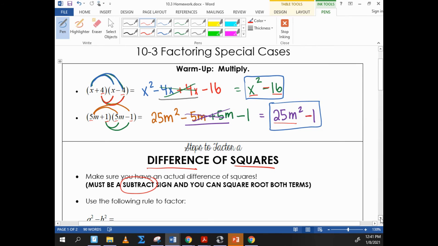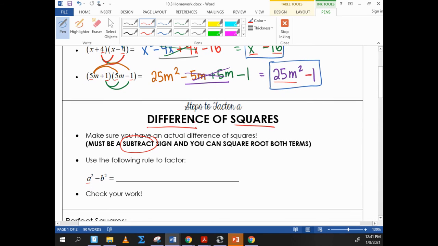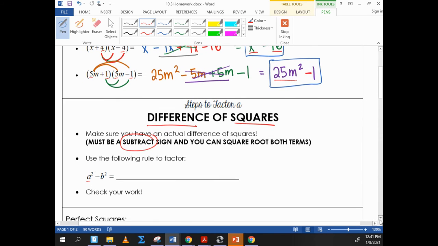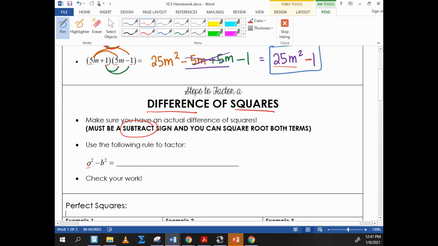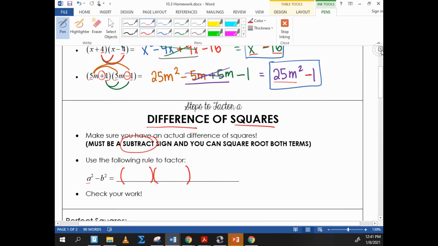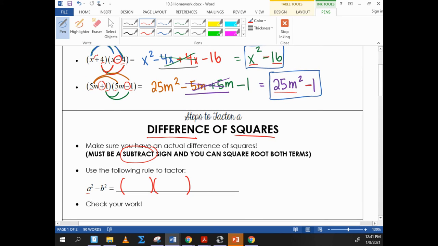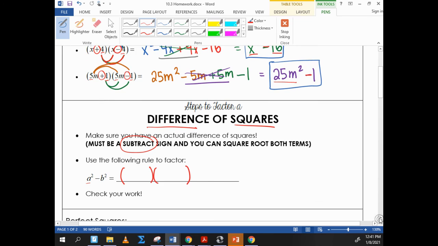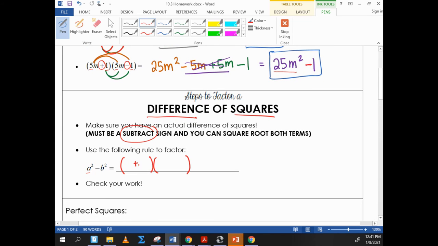So if those 3 things happen, if you have a difference and 2 squares, then this is the rule that you're going to work. If you've got a square, subtract a square, it always factors into 2 binomials, kind of like up here. Again, we're trying to turn it back into this. Notice the signs. There's always going to be 1 positive and 1 negative. It doesn't matter the order, but there will be 1 positive, 1 negative. So we're going to put a positive in the middle of 1 and a negative in the middle of 1.